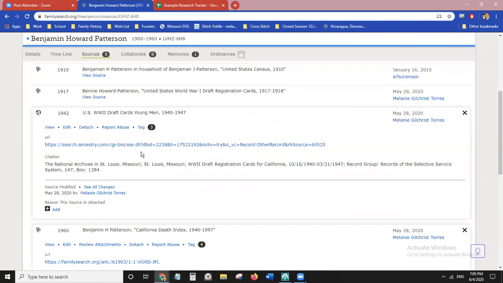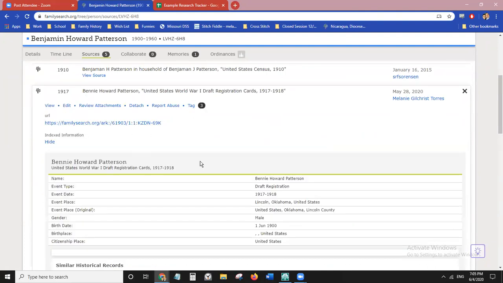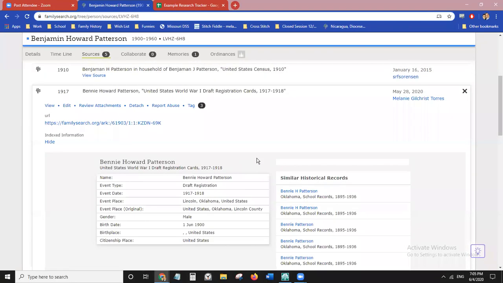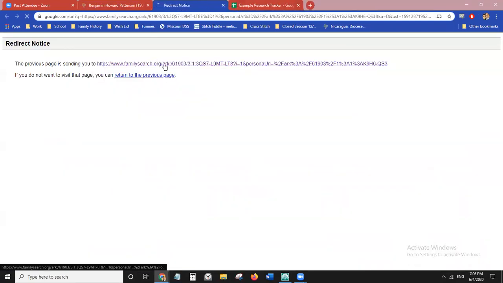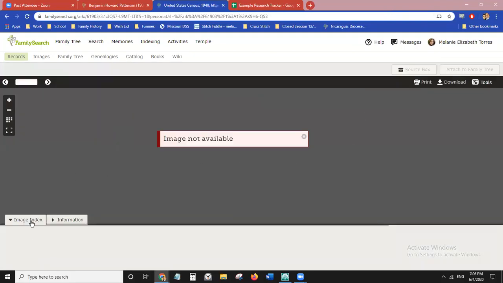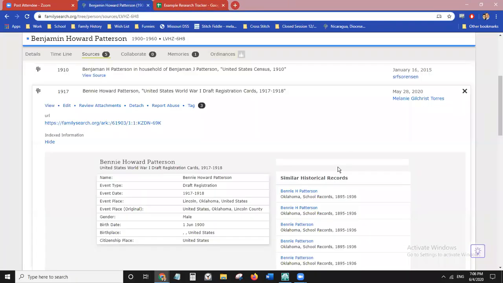And then the draft cards. We also had a census over here that we weren't sure about, but we thought was probably our person. That link got broken, so we will look for that later.